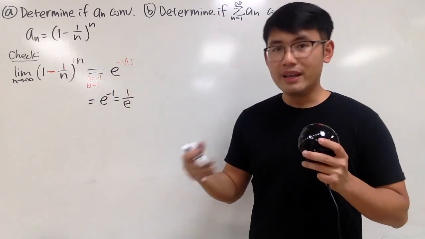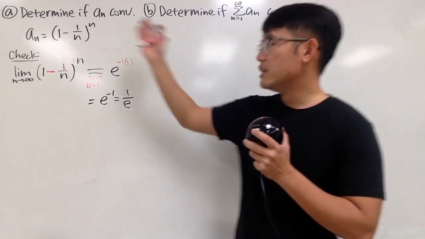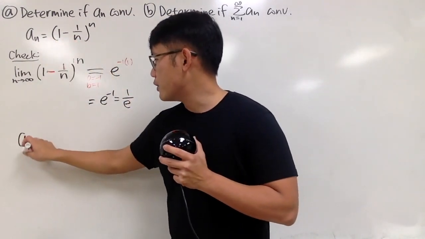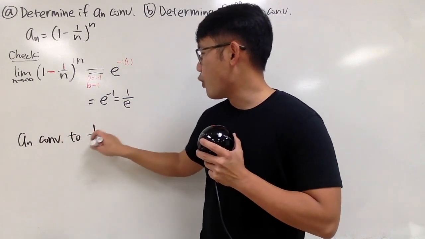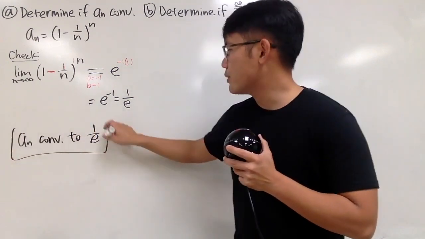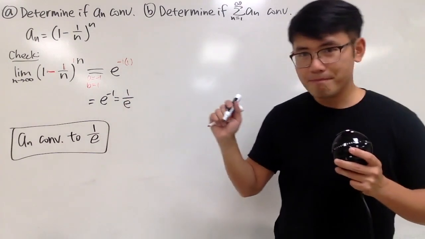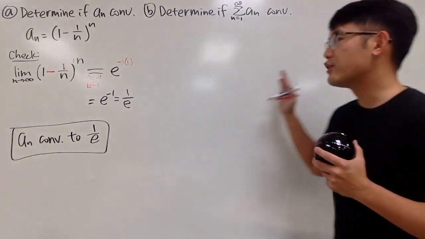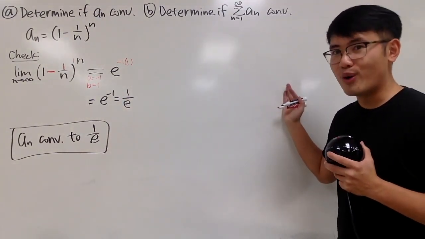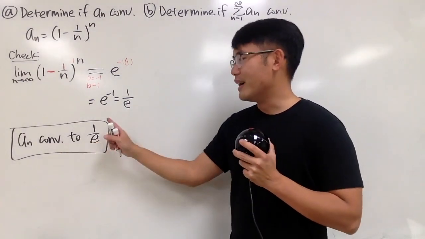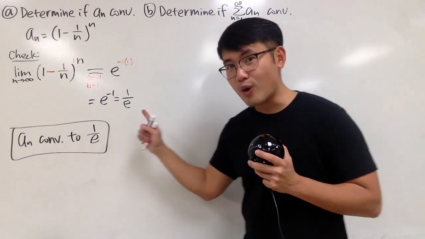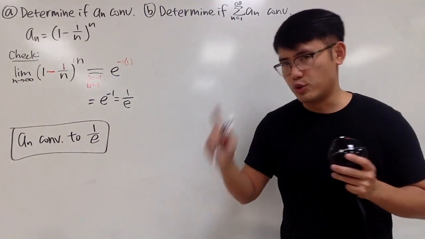That's great. In other words, we know that this an does converge because it has a limit. It converges to 1 over e, which is very, very cool. Why? Because I don't have to do any more work here anymore. Thankfully, an converges to a non-zero number. So this right here diverges right away.